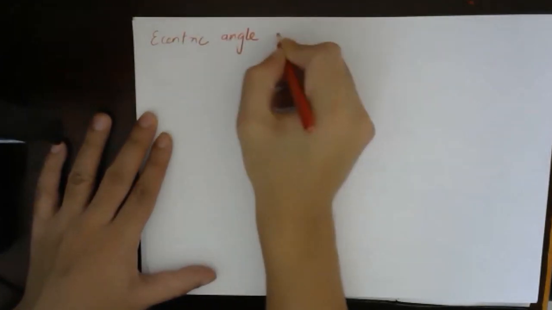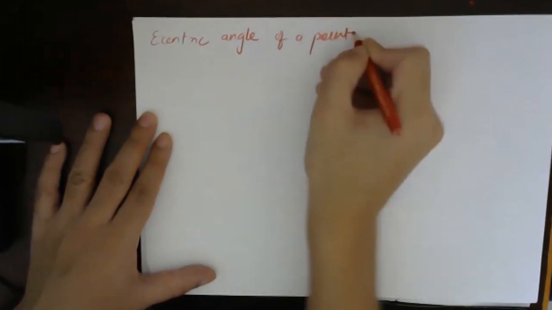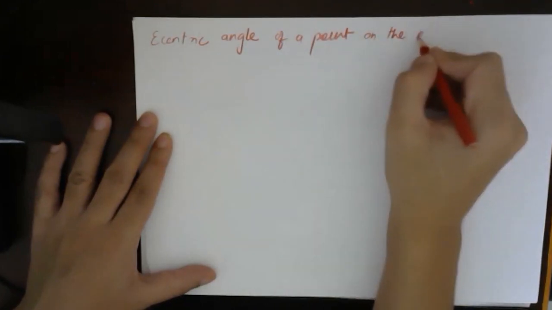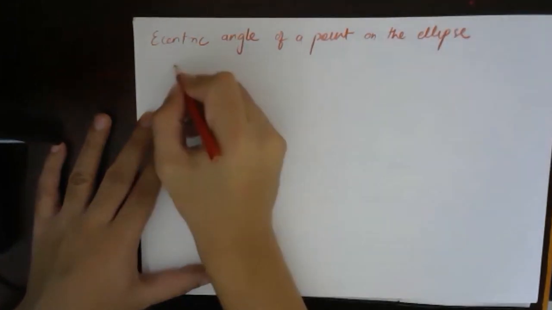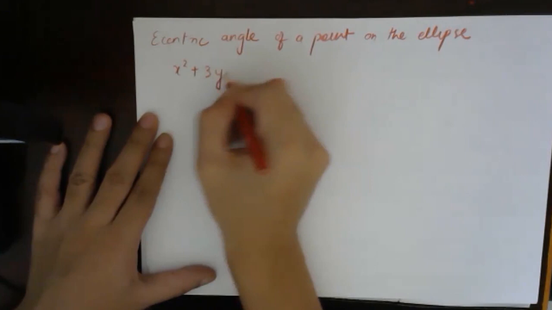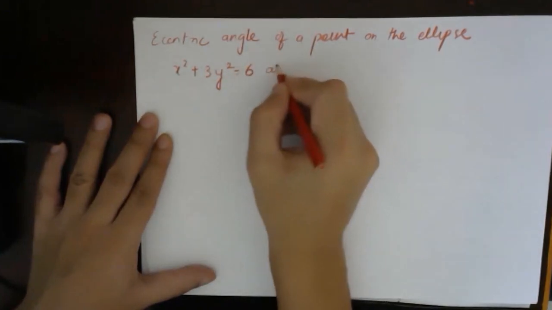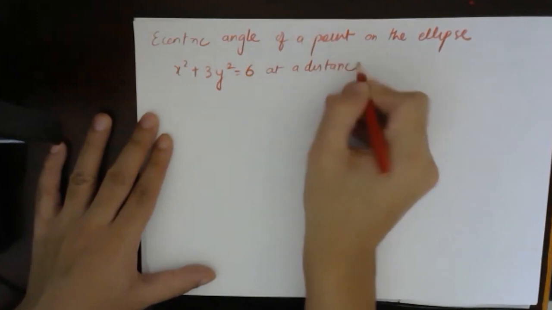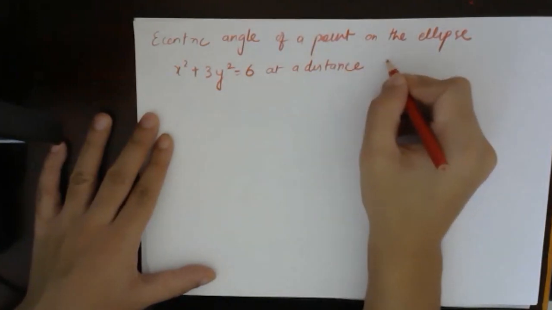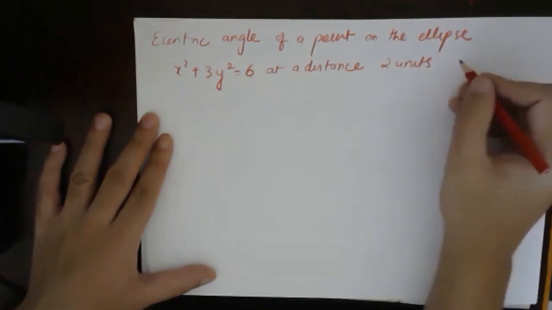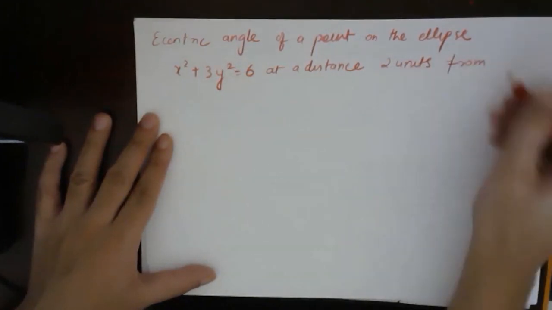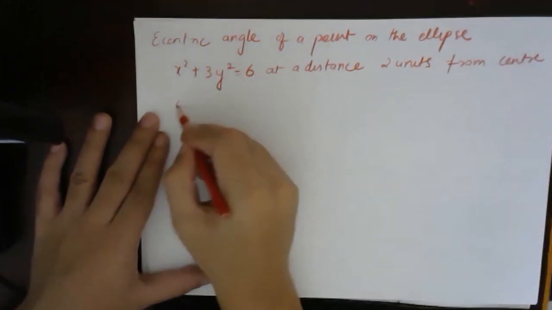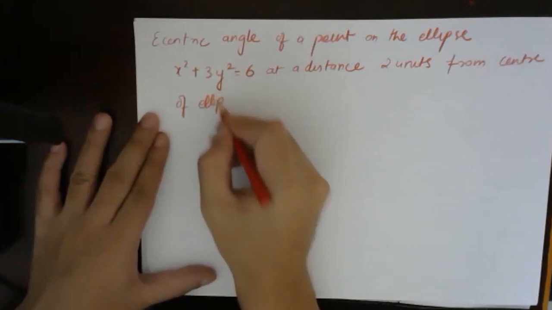So, find the eccentric angle of a point on the ellipse x square plus 3y square is equal to 6 at a distance of 2 units from the center of the ellipse.